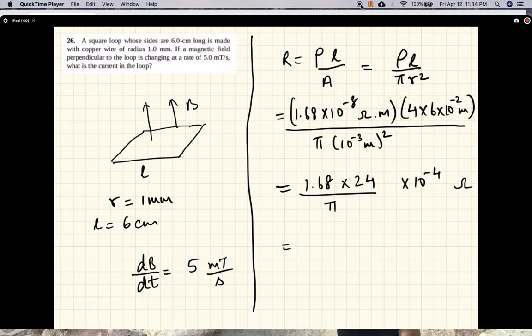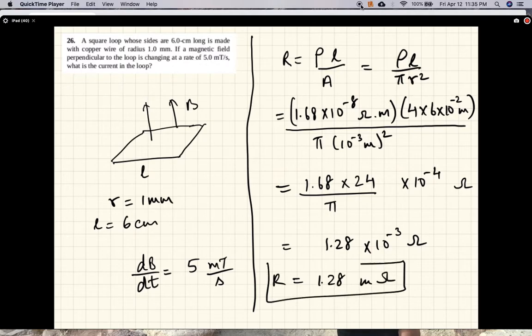This is equal to 1.28 times 10 to the minus 3 ohms, 1.28 milliohms. That's the resistance of the copper wire.